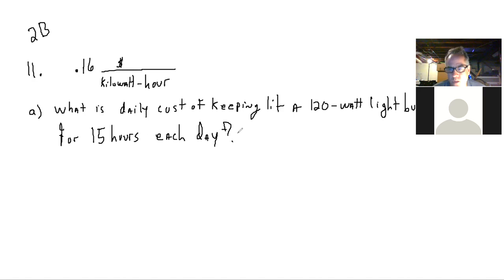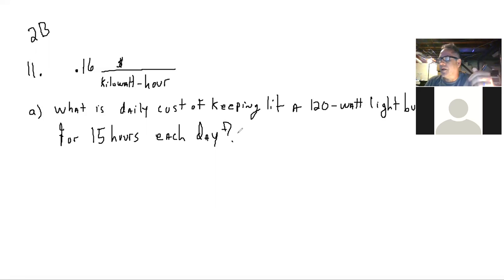That's the final unit I want. I've got a rate in dollars per kilowatt hour, so what I need to figure out is how many kilowatt hours are used. That's going to be my first goal. Once I know that, I can multiply it by my rate, which was 0.16.